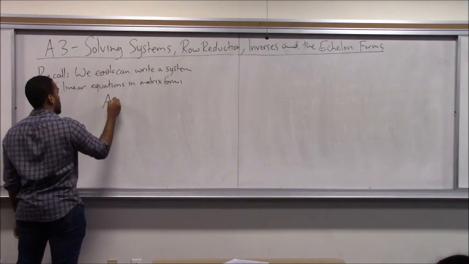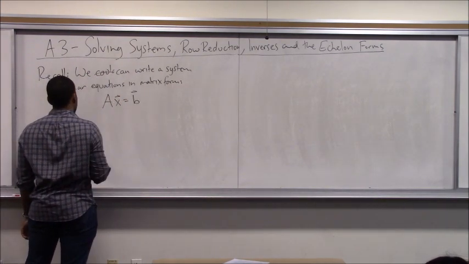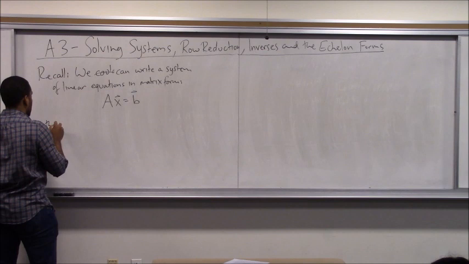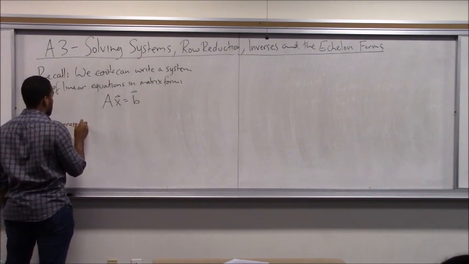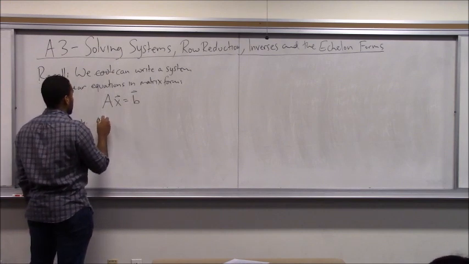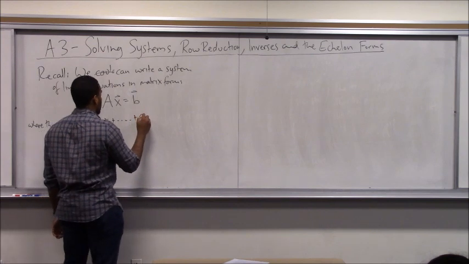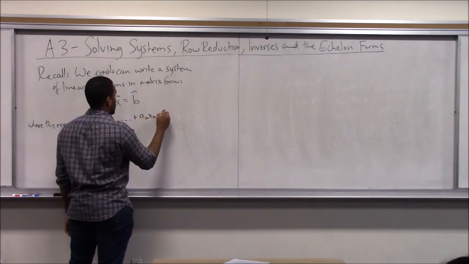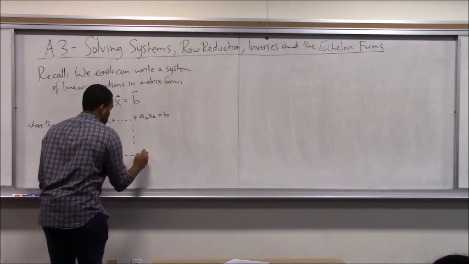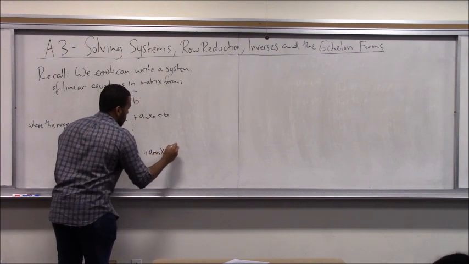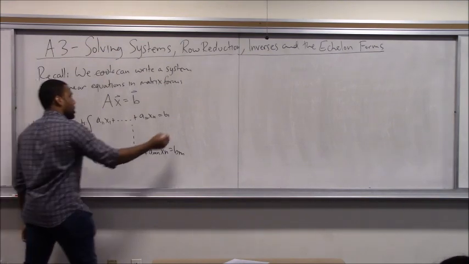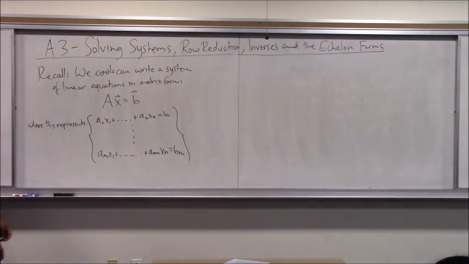So that means like AX equals B, where this represents something that looks like this. A list of equations. So it represents a list of equations that we want to figure out a common solution for.